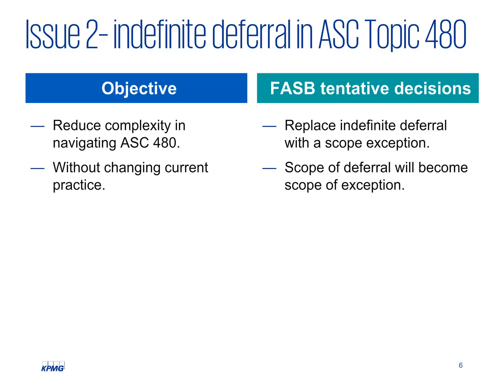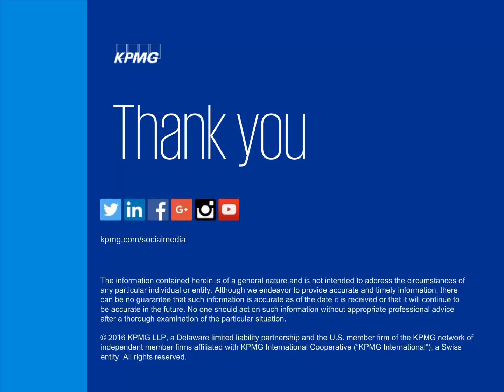So the long story short here is that the board decided to replace this indefinite deferral with a scope exception in order to improve the codification's readability. The scope exception will be defined using the current scope of the deferral based on a non-public entity that is not an SEC registrant and the SEC registrant definition in Topic 480. All this is a fancy way of saying that the stuff that is indefinitely deferred is now scoped out of 480. That concludes this microlearning.